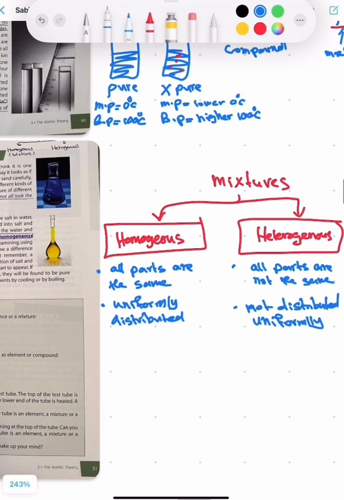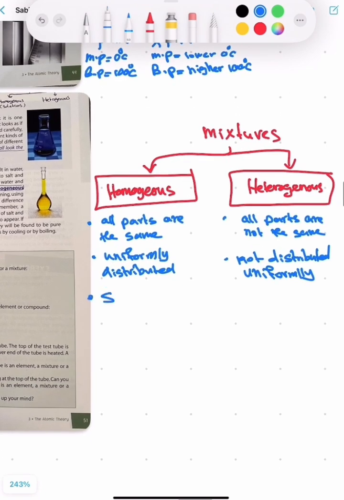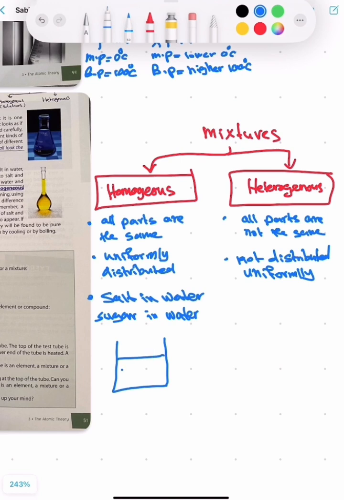For example, for homogeneous mixtures, salt in water or sugar in water, or anything that dissolves in something else. So when you dissolve salt in water, it will disappear, right?